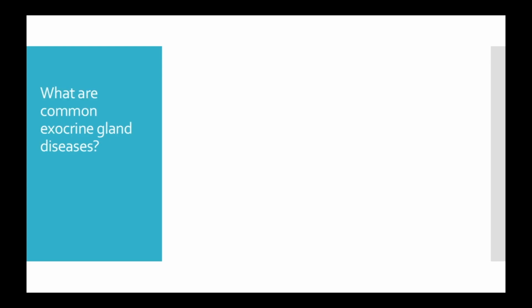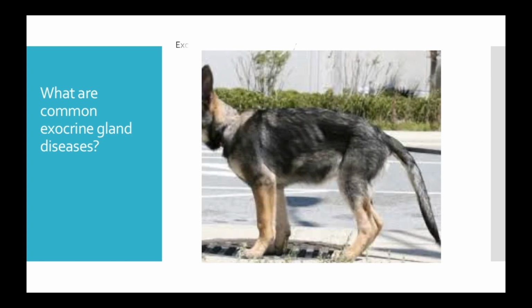All right, moving on to exocrine gland diseases. So this is a common exocrine gland disease. This is exocrine pancreatic insufficiency. So the pancreas I mentioned plays a role in endocrine diseases, so it plays a role with diabetes mellitus. The pancreas also has a role in exocrine function, whereby it secretes enzymes to break down food.